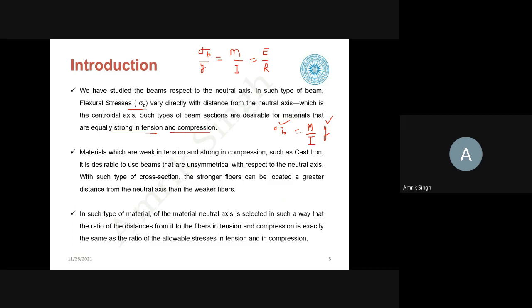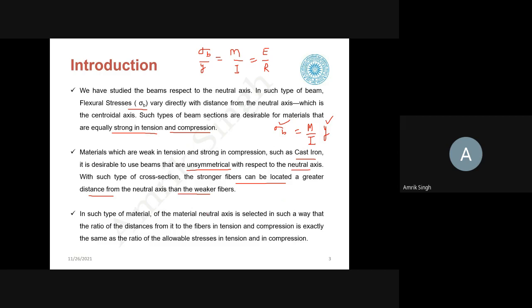So materials which are weak in tension and strong in compression, such as cast iron, it is desirable to use a beam that is unsymmetrical with respect to the neutral axis. So with such type of section, the stronger fibers can be located at a greater distance from the neutral axis than the weaker. So that means we can design the beam according to that.